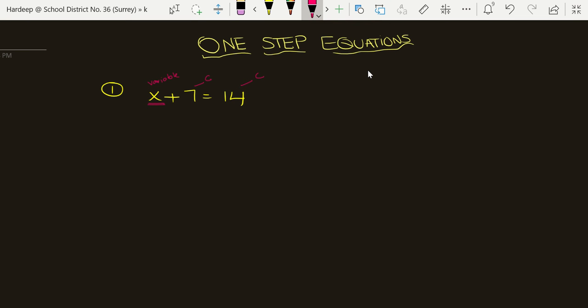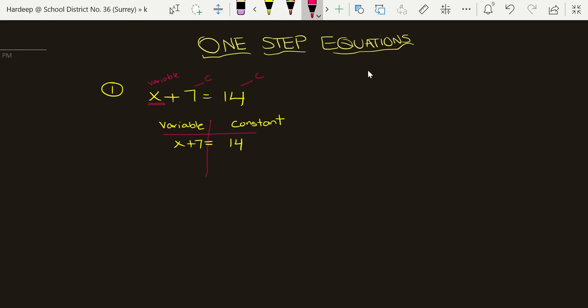You can create a little t-chart here. At the top I'll put variable here, and here will be your constant. I'm going to rewrite my equation, x plus 7 equals 14.